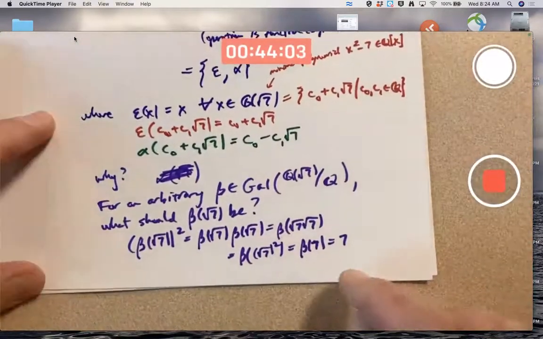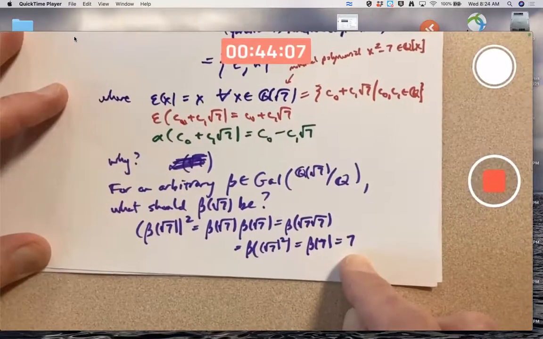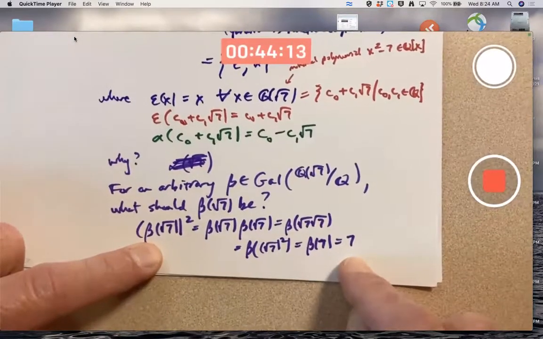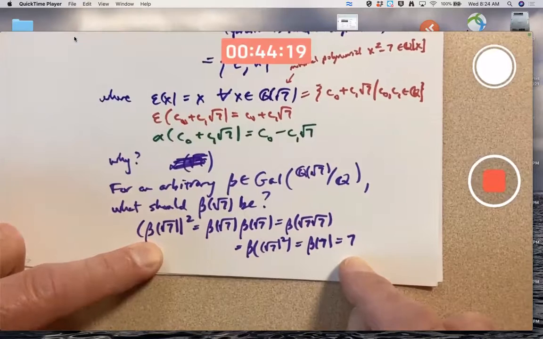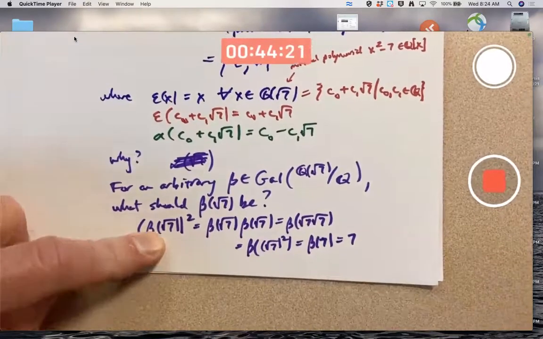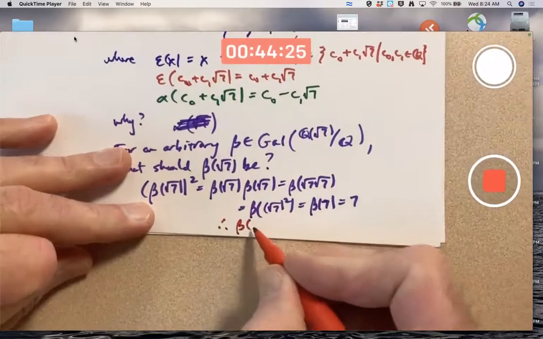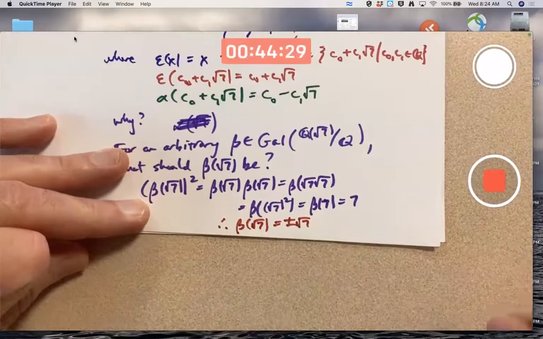So this is definitely true. Beta of 7 is 7. 7's a rational number. So what do we have here? We have beta of root 7 squared equals 7. In other words, beta of root 7's got to be one of the 2 square roots of 7, which would be plus or minus square root of 7. Therefore, beta of root 7 is plus or minus root 7.